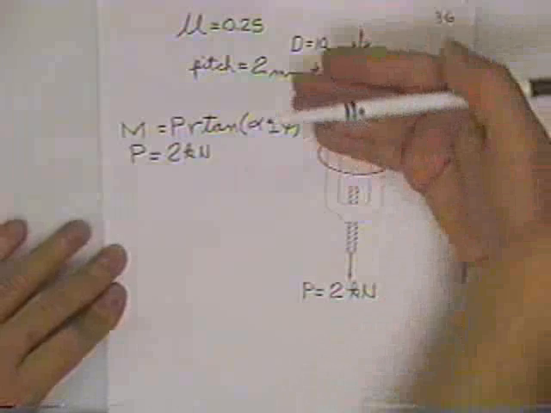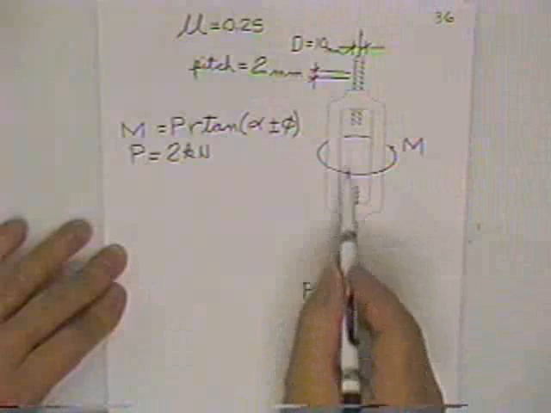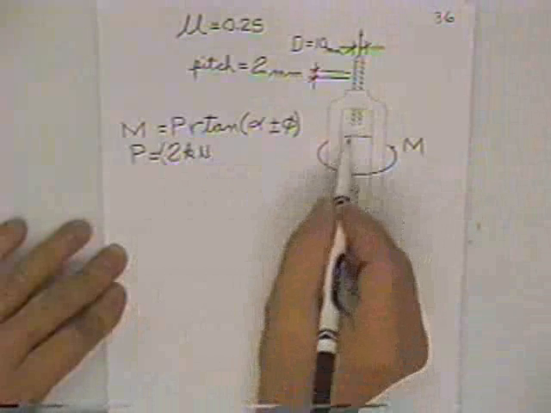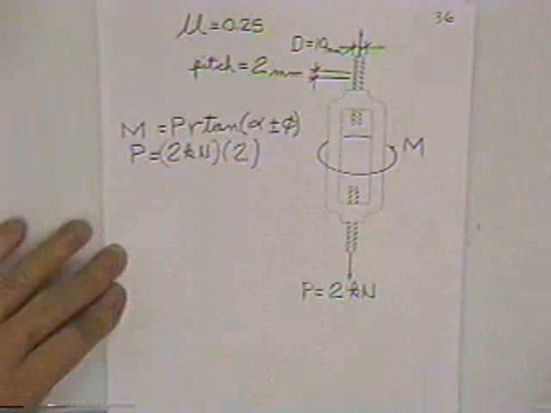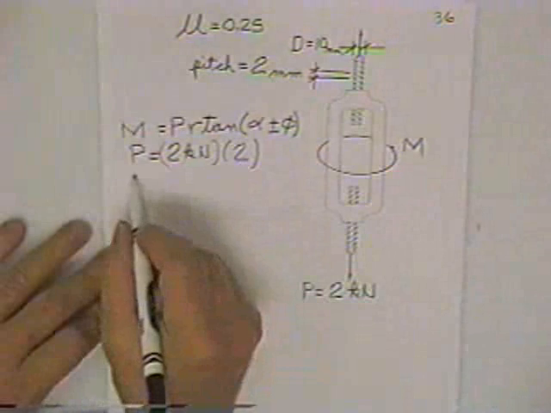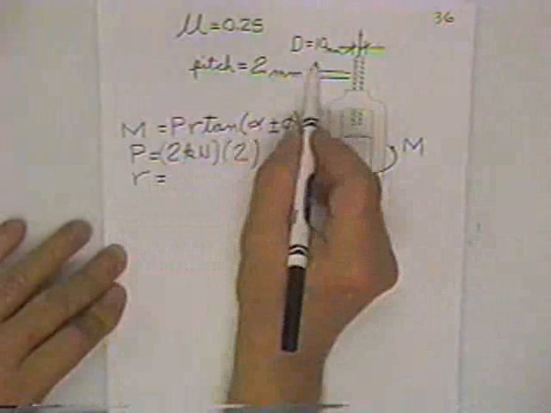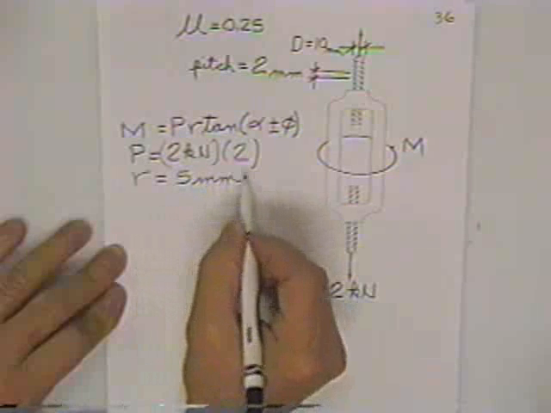And actually we're not just raising it up against one. We don't have just the friction inside of one of these. Since it's a turnbuckle, you have another one on the other end of the turnbuckle. So we'll multiply the load times 2, make the load 4. The radius, since our diameter is 10, the radius is 5 millimeters.